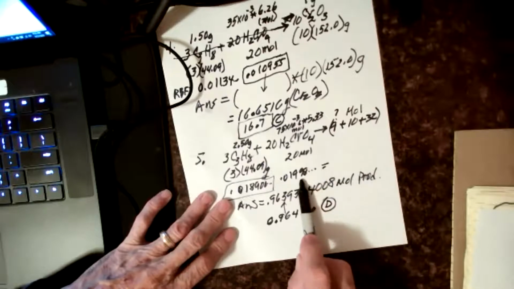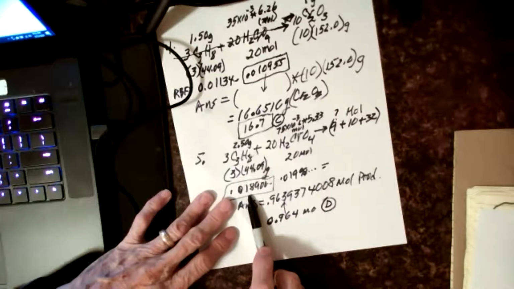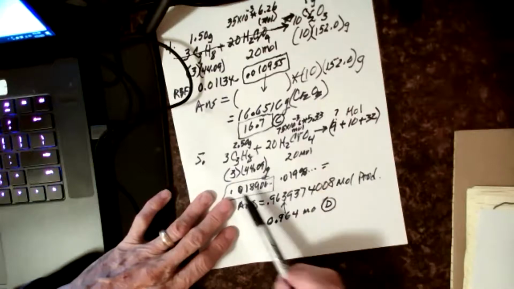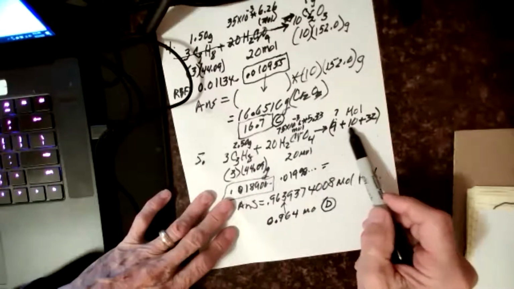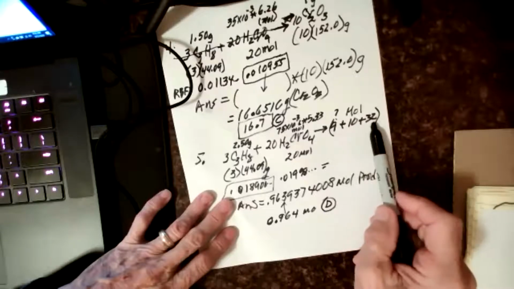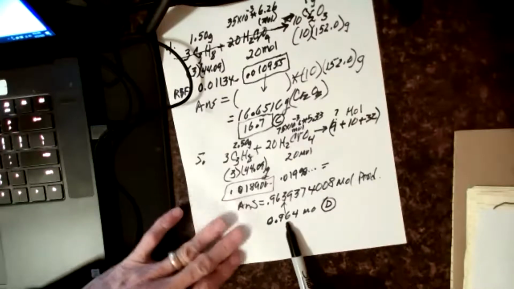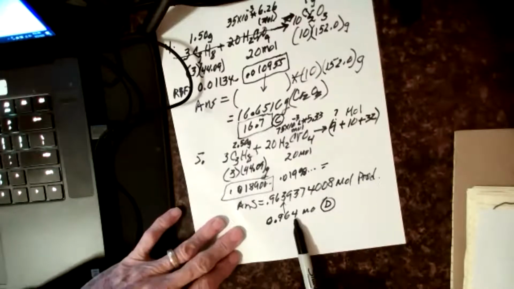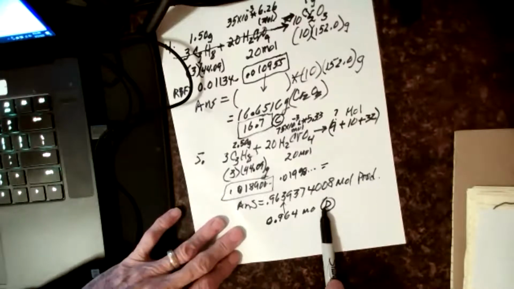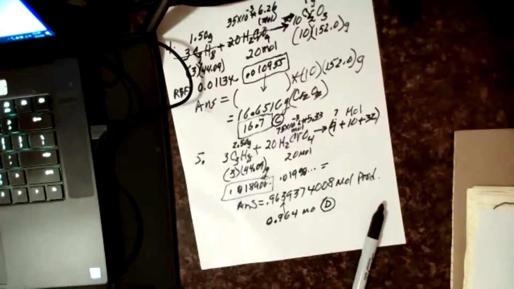I got this one. So this is larger. This is the limiting reagent. So I take that number then and multiply it by the number of moles of product, and I get this answer, and it rounded off to 3 significant figures as 0.964, which was response D. Okay.